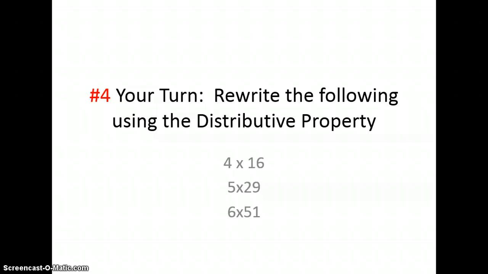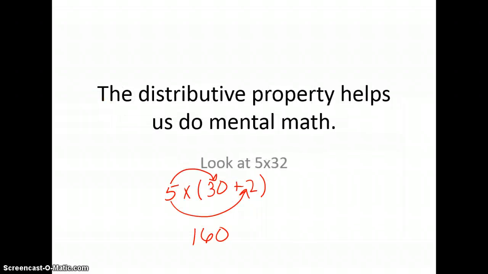So now it's your turn. Look at the following, the 3 problems that I have on the screen. Rewrite each of the following problems using the distributive property. Rewrite it 3 ways using the distributive property. So, if I look back at the problem before, here's the first way I use the distributive property.